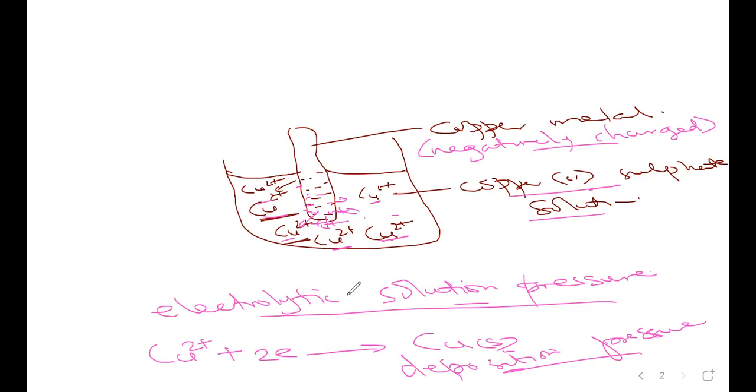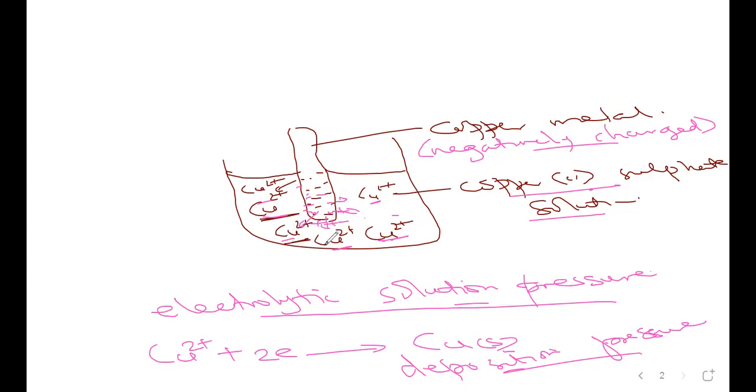So I've already given you an example using the copper rod. If you dip a copper rod in a solution of copper 2 ions, the copper rod gains a negative electrode potential because it has a greater tendency to dissolve from ions. Or it has a greater electrolytic solution pressure. I mean, the copper rod doesn't act as the zinc rod.